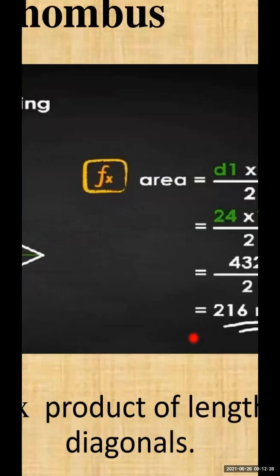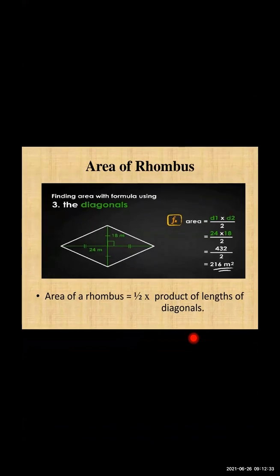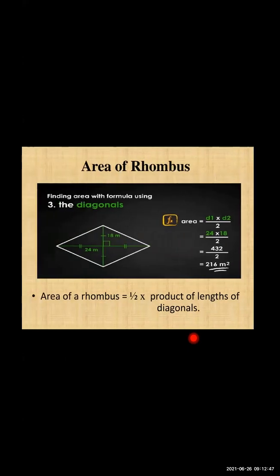So the formula for finding the area of a rhombus is very important: half into the product of the lengths of diagonals, or half into the product of diagonals. So d1 into d2 divided by 2. This is very simple. This is how you are going to find the area of a rhombus.